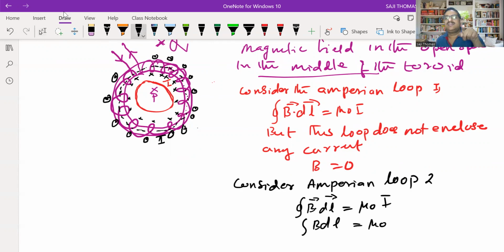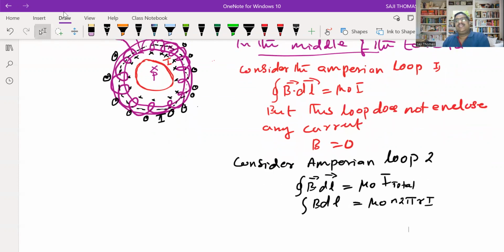So what is the total current enclosed by the Amperian loop 2? N into 2 pi r, where n is the number of turns per unit length, into I, the current through each turn.